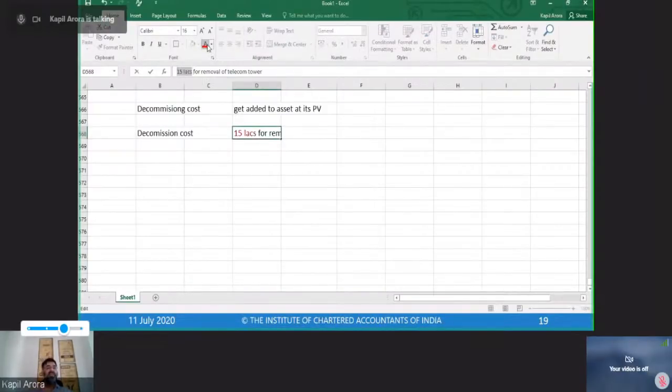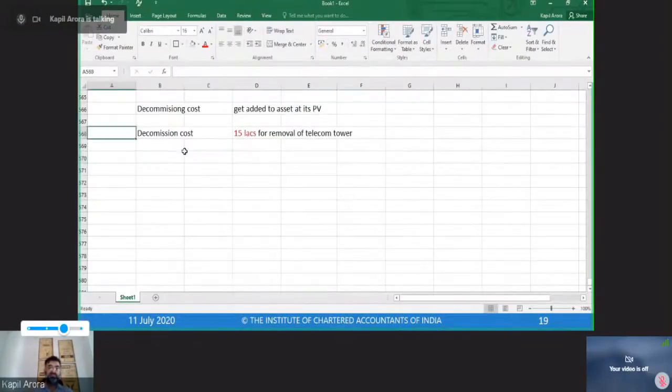Because we are sitting here today on 1st April 19, whereas I have to pay the amount on 31st March 34, after 15 years. Who told me that 15 lakh would be required? Right?